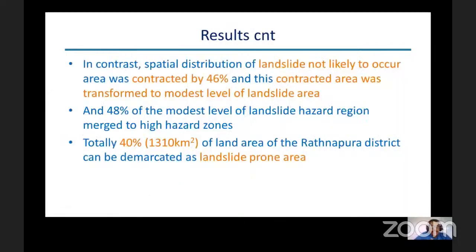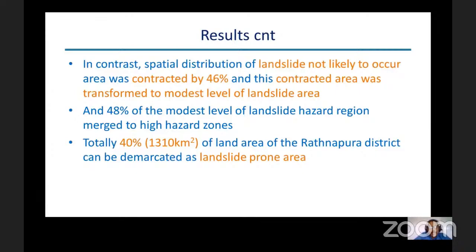In contrast, the spatial distribution of the landslide-unlikely area was contracted by 47%, and this contracted area was transformed to a modest level of landslide area. Then we saw that 48% of the modest level of landslide hazard region merged into the high hazard zone.